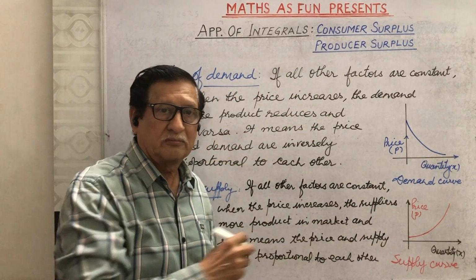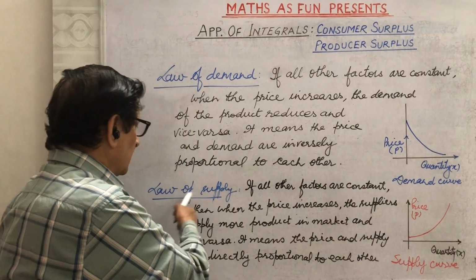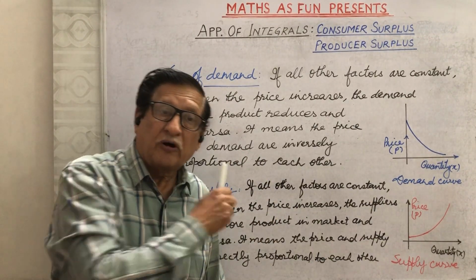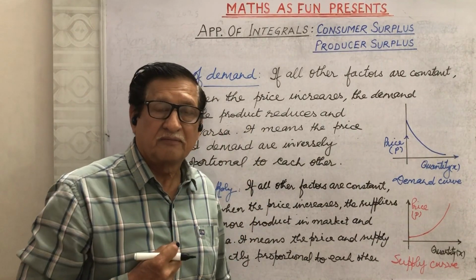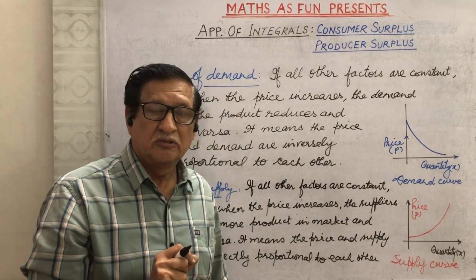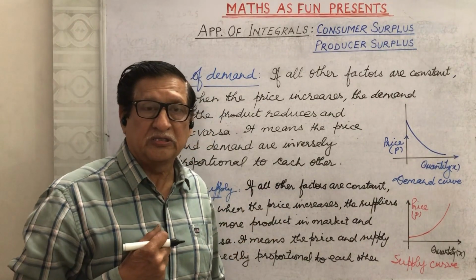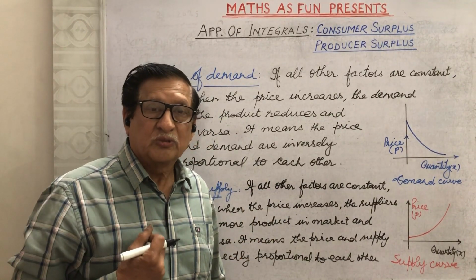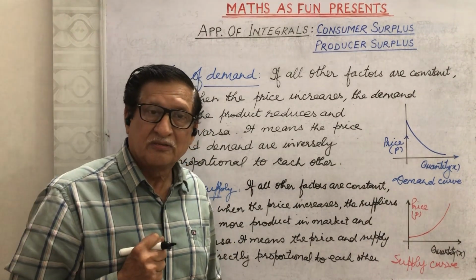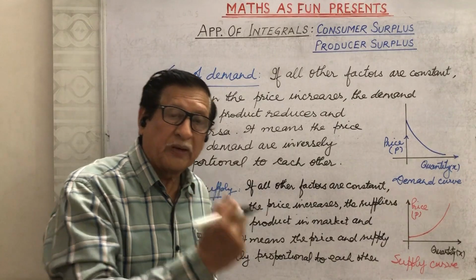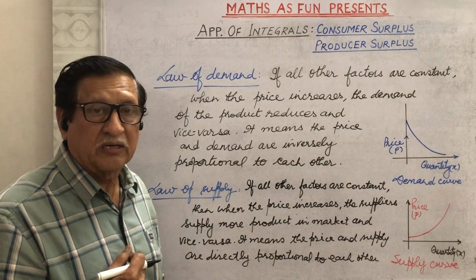Whereas when we go to the law of supply, if all other factors are constant and the price increases, then the producers supply more quantities in the market to get more profit. And if the price reduces, then they supply fewer items in the market.